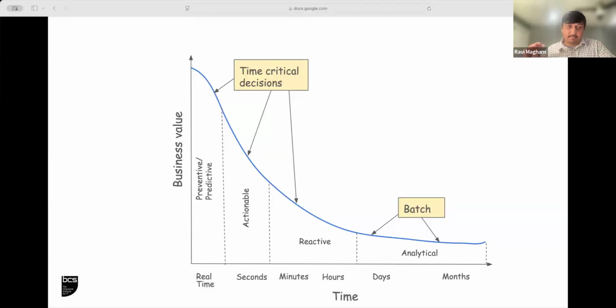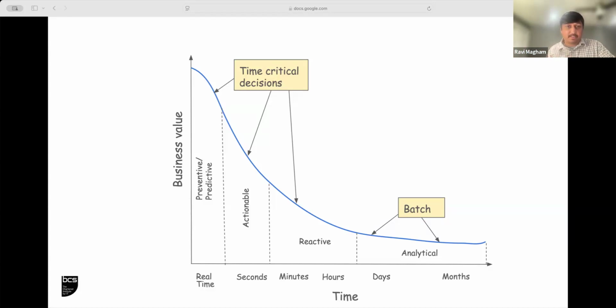The final tail of the spectrum is where you do a lot of these analytical use cases. Your batch processing comes in there, but it's in the first part, where it's real time, or seconds, minutes, that the greatest business value is. And stream processing fits that very nicely for real-time analysis.